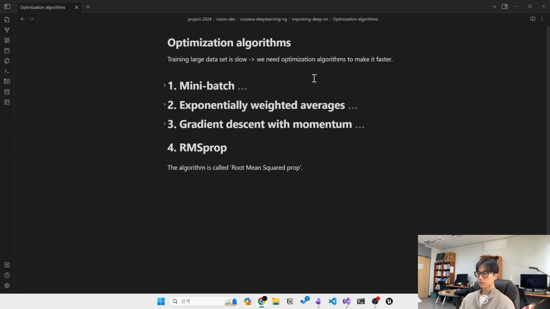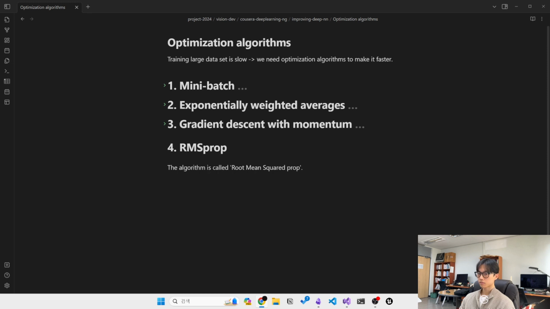And so you want to slow down the learning in the b direction, or in the vertical direction, and speed up learning, or at least not slow it down, in the horizontal direction. So this is what the RMSprop algorithm does to accomplish this.